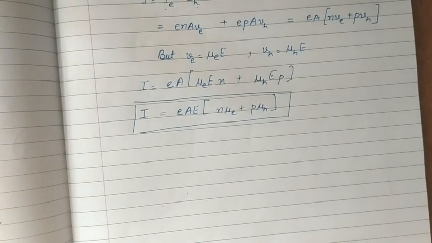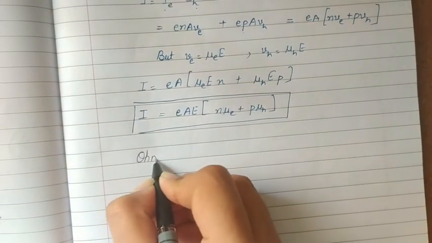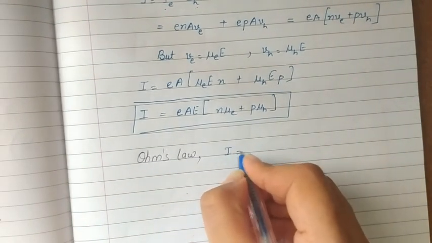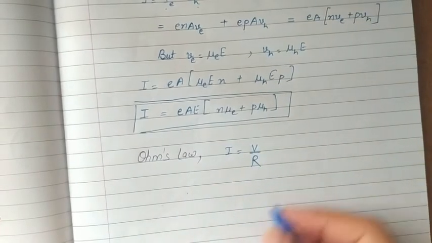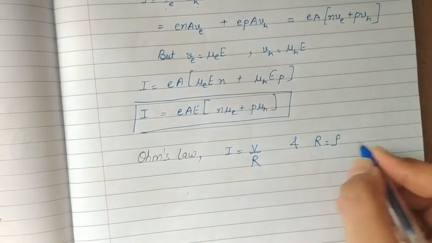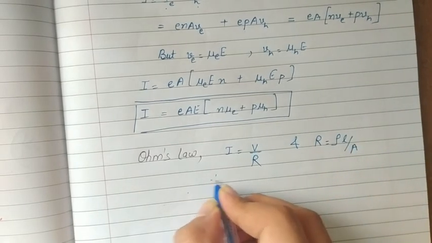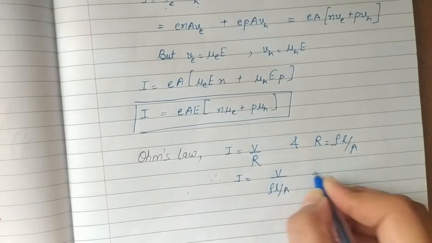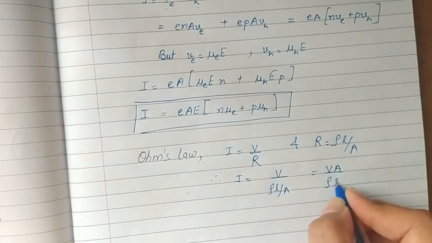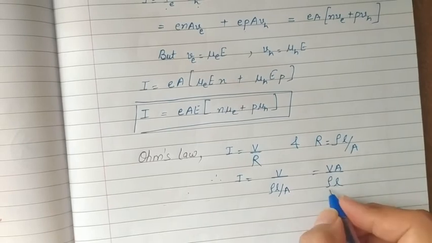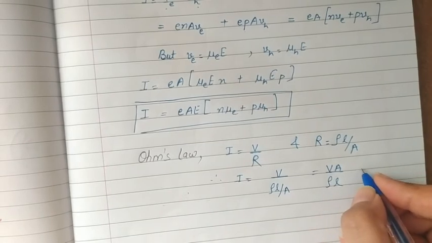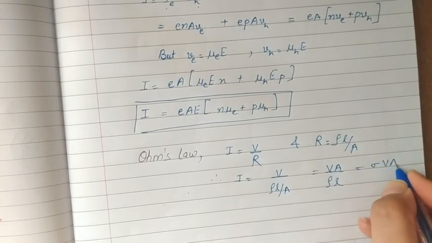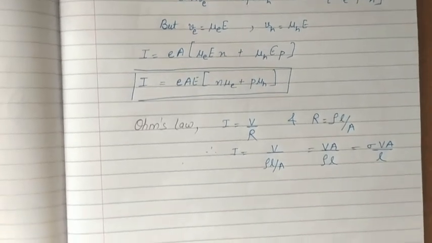We know from Ohm's law that I is equal to V upon R, and R is equal to rho L upon A. So I is equal to V upon rho L upon A, which is VA upon rho L, where rho is the resistivity, or in terms of conductivity, 1 upon rho is equal to sigma, so I is equal to sigma VA upon L.